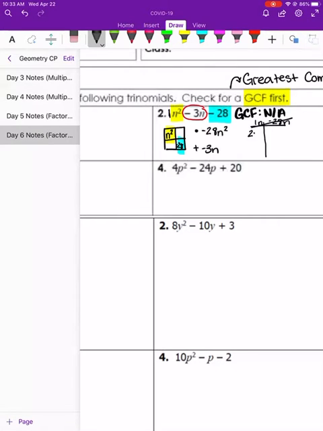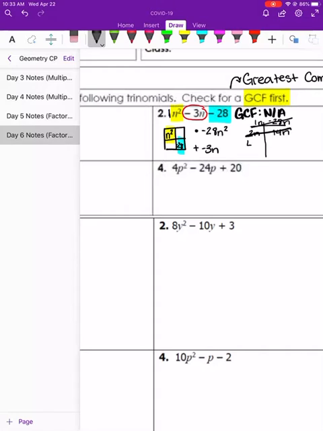Okay, my next one is going to be a 2n and a negative 14n. Okay, 2n times negative 14n gives me negative 28n squared when I multiply them, but it doesn't add to negative 3n. Okay, so I can't use that one.